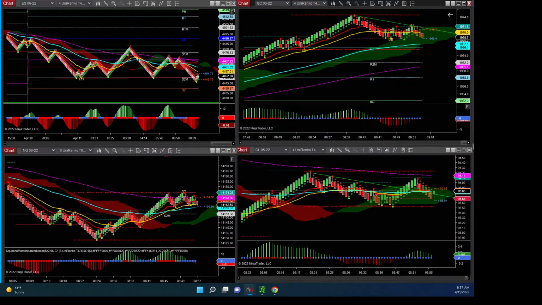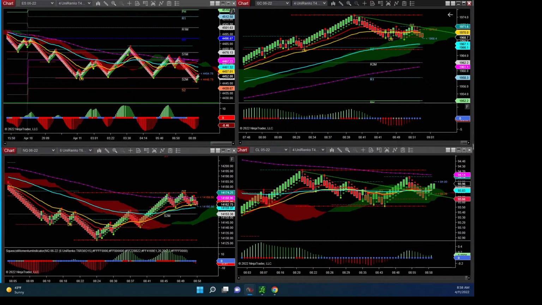And crude pit opens in 3 minutes. 2 minutes now. Crude in the range. Potential reversal. Above $94 could go.